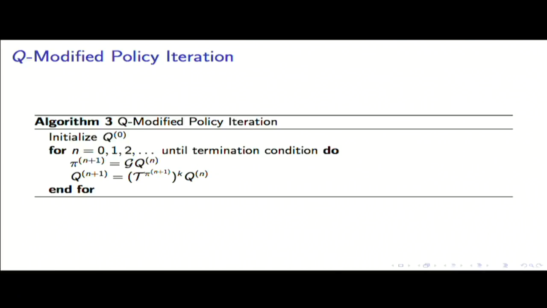So this series, if we apply powers of T pi, converges to Q pi. If we apply it a finite number of times, we get something that approximates Q pi. So in modified policy iteration, we just apply the backup operator k times for the policy evaluation step, which means the step where we're computing the value function of the policy. Okay, so that's modified policy iteration.